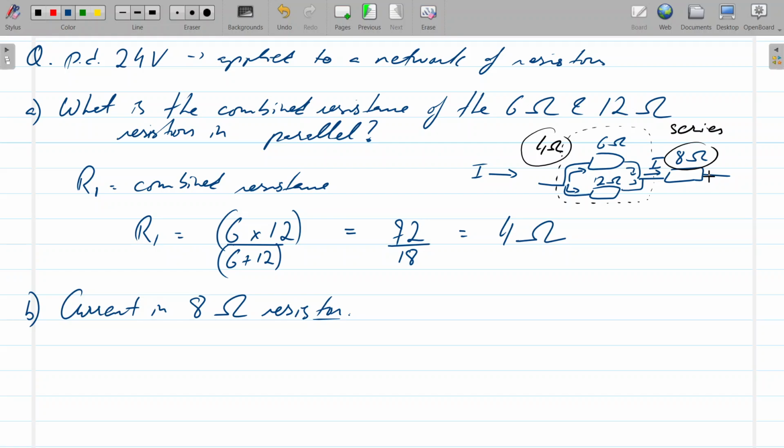So whatever current I have for the 8 ohm resistor is exactly the same as what the combined 4 ohm resistance is experiencing. So the total resistance R equals 4 plus 8 equals 12 ohms.